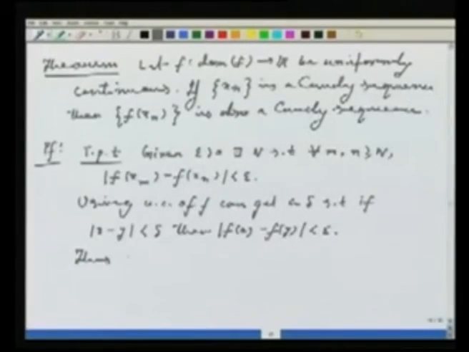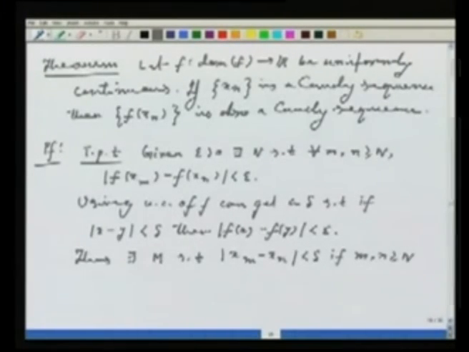But notice that xn is Cauchy. So there exists capital M such that mod of xm minus xn is less than delta if m, n bigger than or equal to M, by the fact that xn is Cauchy.